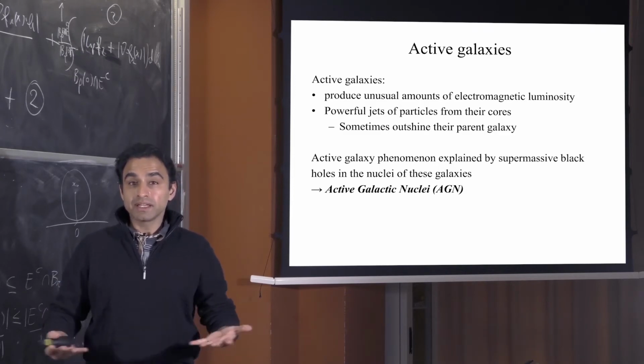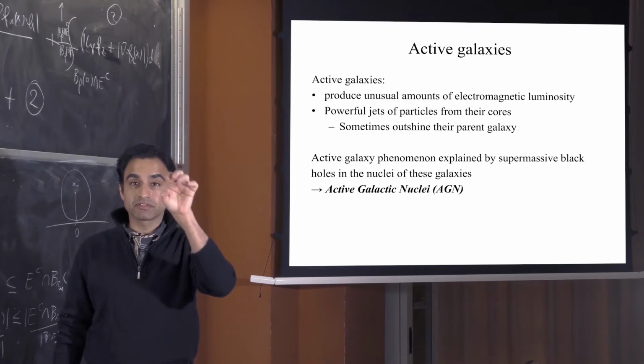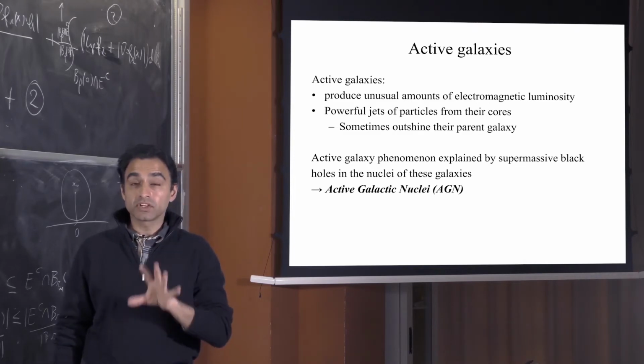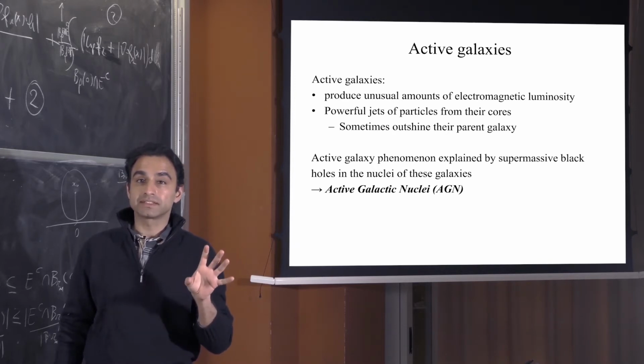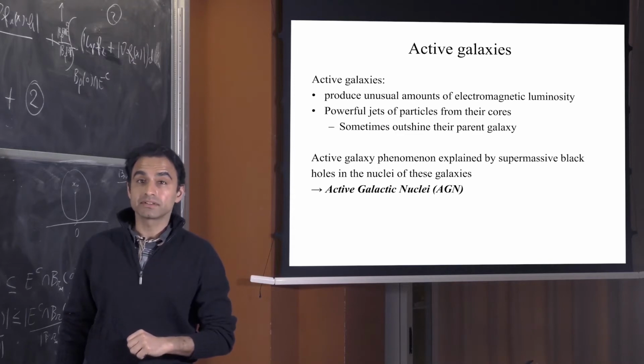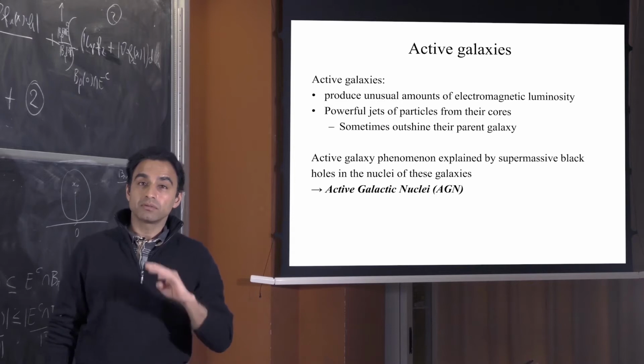In fact, in many cases, you don't even see the galaxy, but you only see a bright spot coming from the center. And in fact, historically, some of the astronomers thought that they were not observing galaxies, but they were observing stars, single stars.